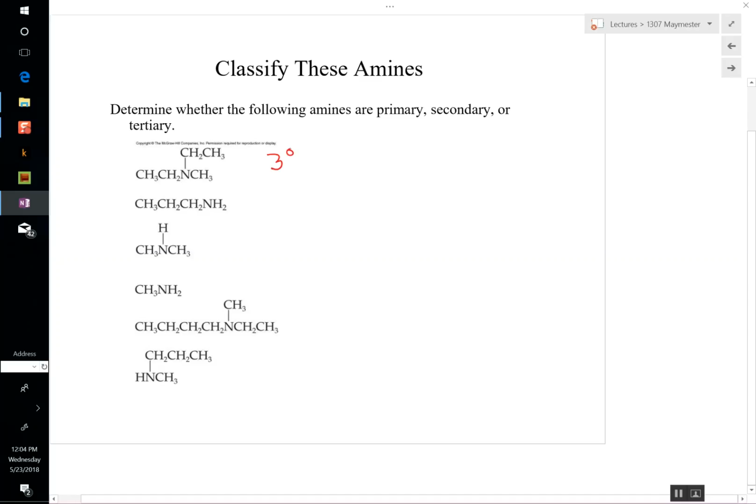The next one? Primary amine. The next one? Secondary amine. The next one. Tertiary amine. And the last one. Secondary. Okay? Pretty straightforward.